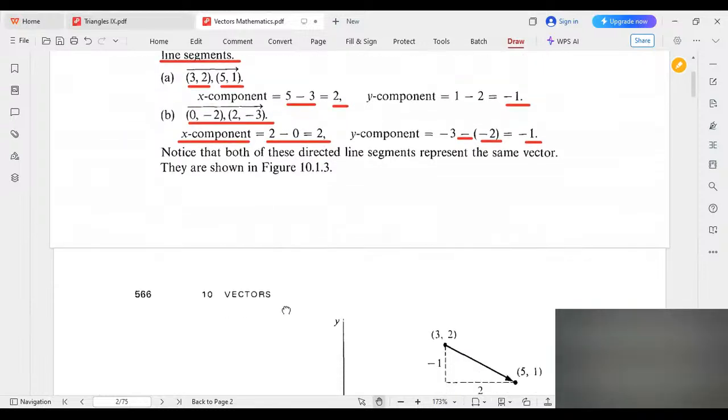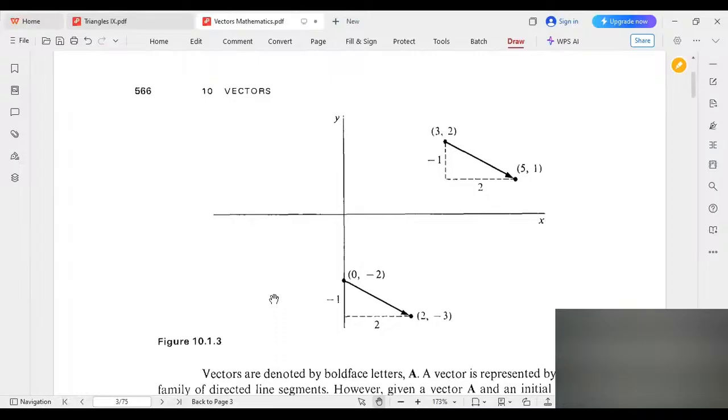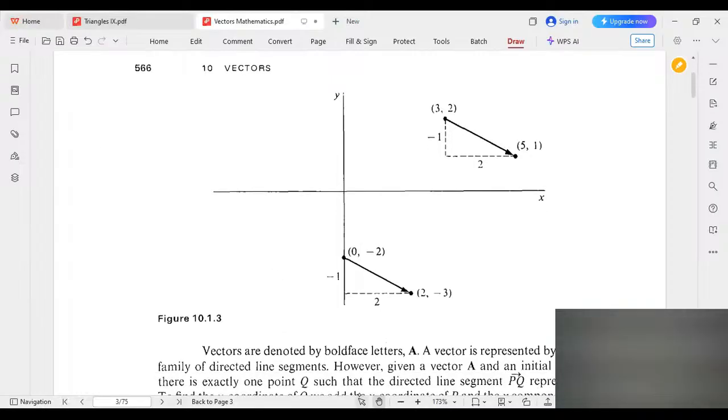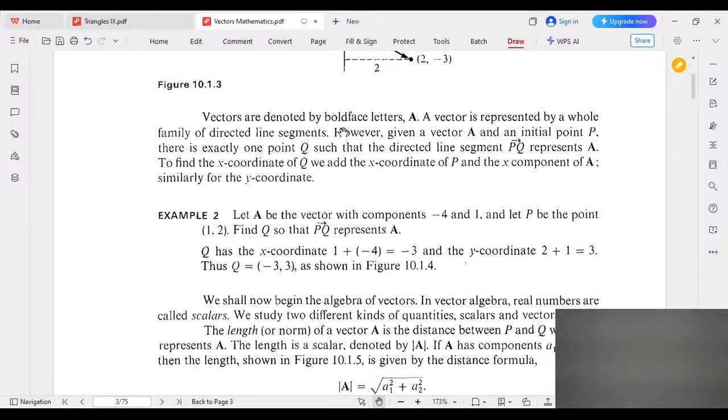Let's see the figure here. Vectors are denoted by boldface letters.